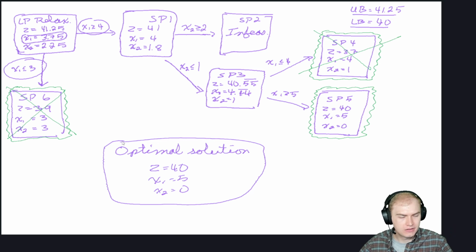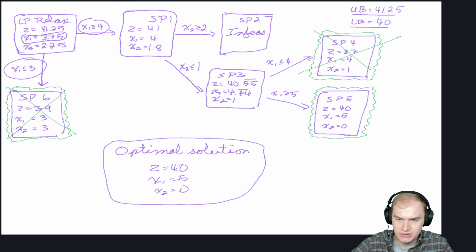So this is what your PuLP or your Excel solver does every time you ask it for an integer variable. It's going to solve an LP relaxation of the problem and then branch on all of those integer variables until it finds an appropriate integer solution. So let's real quick do that again.